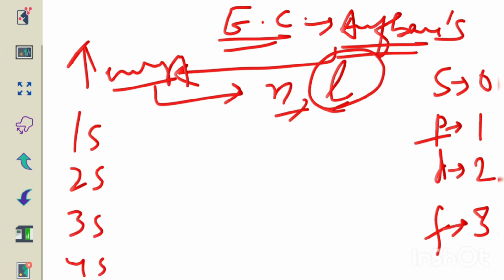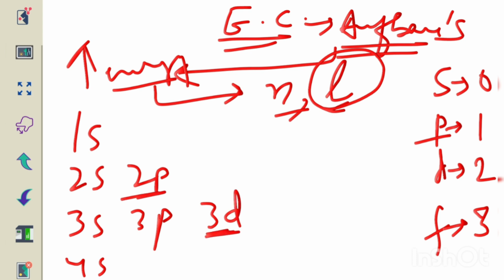Let's see this one, because from the Pauli exclusion principle, by following Hund's rule, all of you know that 1p does not exist. So the first p orbital will be 2p, with n equal to 2 as the principal quantum number, then 3p, 3d. Similarly, 3d is the first d, 2p is the first p; 1p and 2d do not exist.